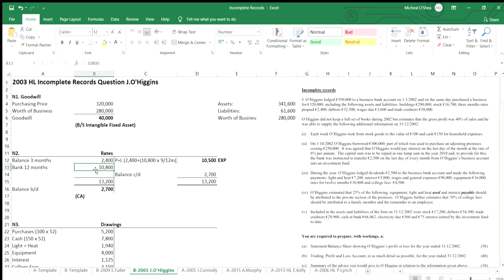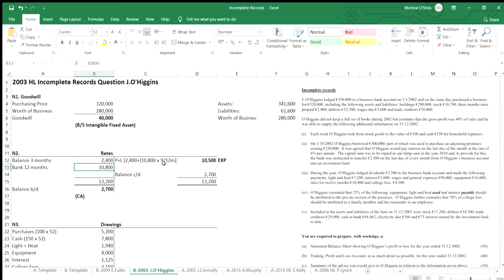How much of that goes to this year, and how much of it was prepaid for next year? Well, let's find my P&L figure for this year first. For 2003, how do we find the amount that I owed for rates? Well, it's the first 3 months, 2,400, plus the next 9 months here. So 2,400 plus 9 of the 12, because then I'll have my first 12 months.